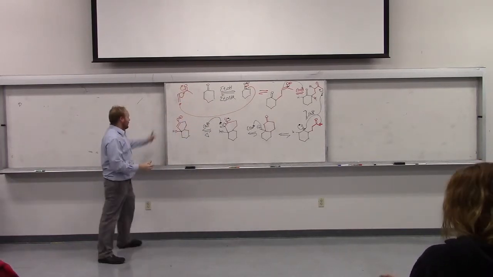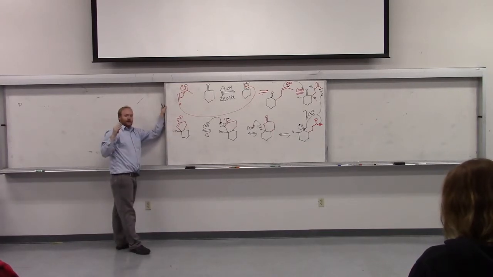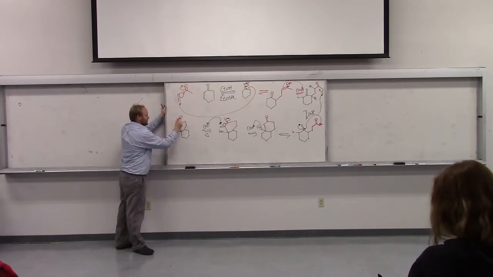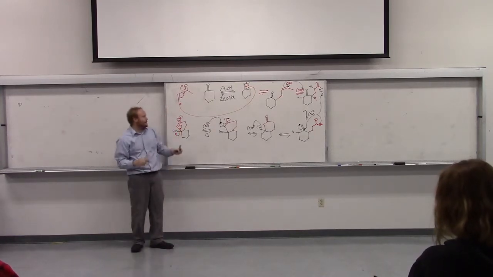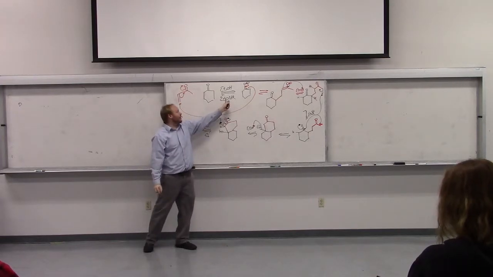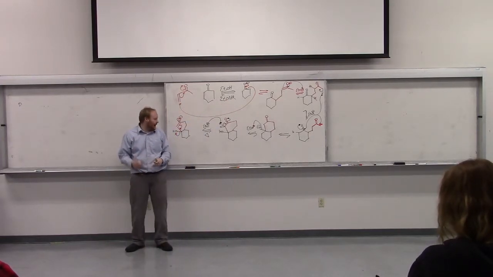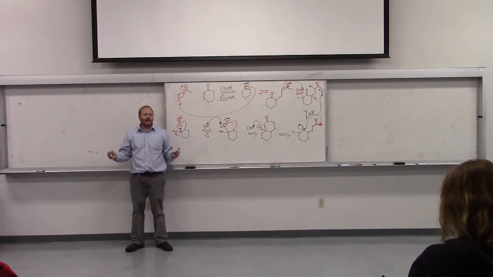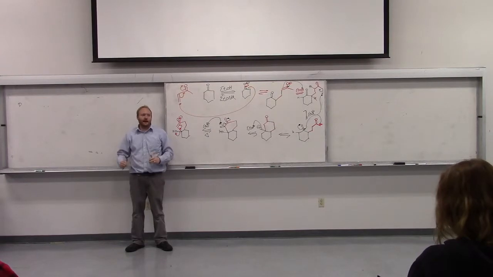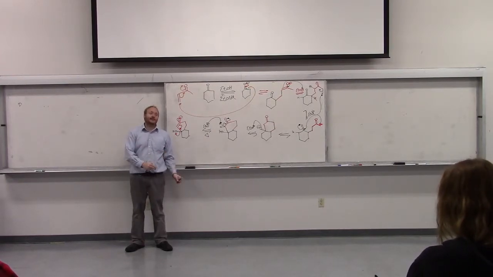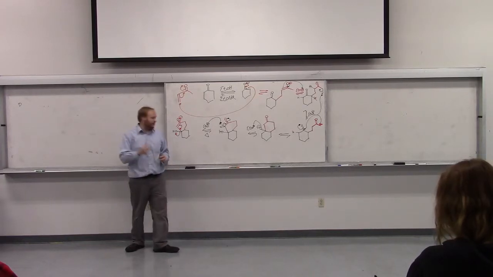And then we can do our E2-like mechanism, kicking off OH minus. And again, since we're under basic conditions, so EtO minus, kicking off HO minus isn't going to be that big of a deal since we're swimming in sodium methoxide. And sodium methoxide and sodium hydroxide are very similar pKa-wise. And so if you're swimming in base, it's okay to kick off hydroxide. Only when you're swimming in base though.